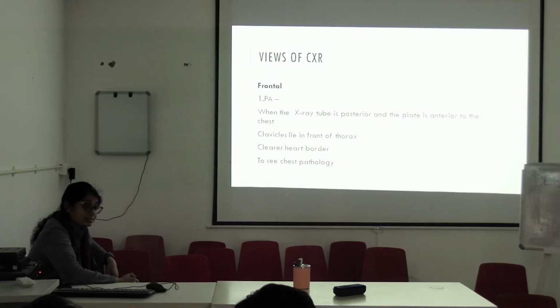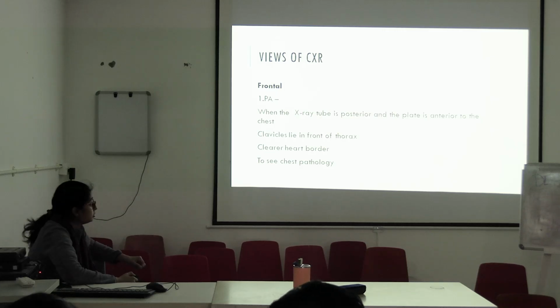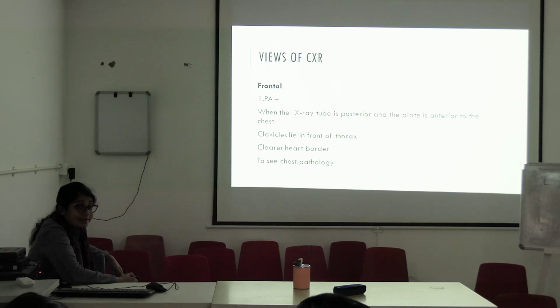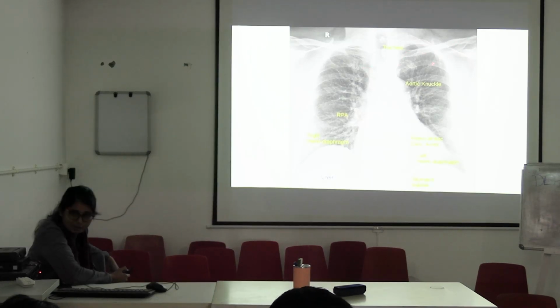Okay. There are also some points by which, when we are looking at the X-ray plate only, we will be able to say this is PA view or it is AP view. So what are the points? In PA view, clavicles are lying in front of the thorax. So look at this. Look at the clavicles. They are looking like they are lying in the front only.